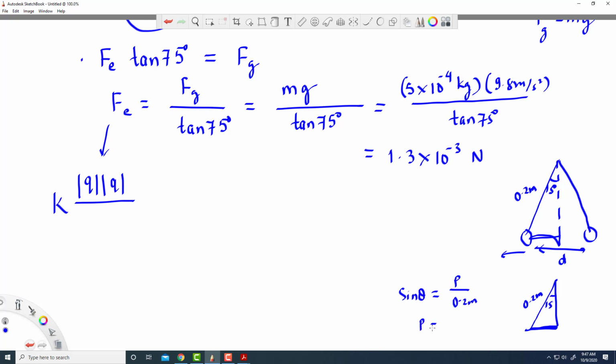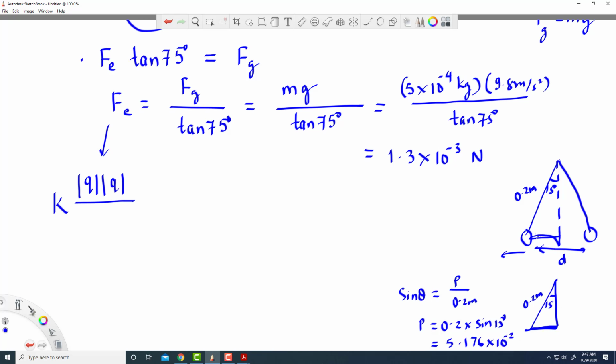So that would give me 0.2 times sine 15 degrees, which is 5.176 times 10 to negative 2.